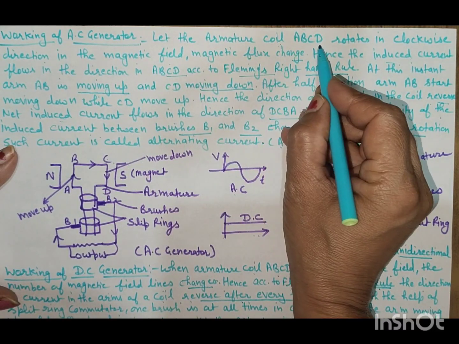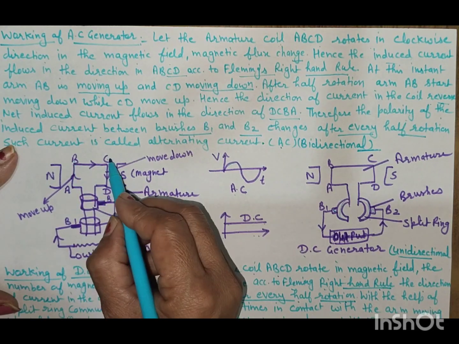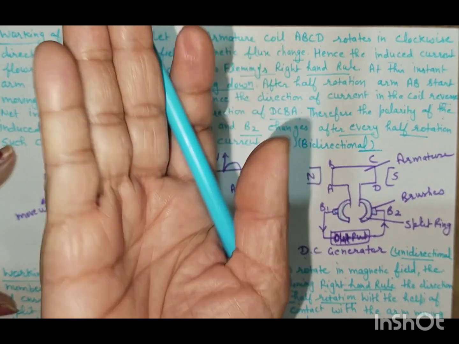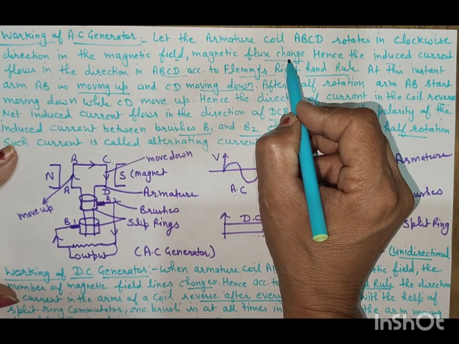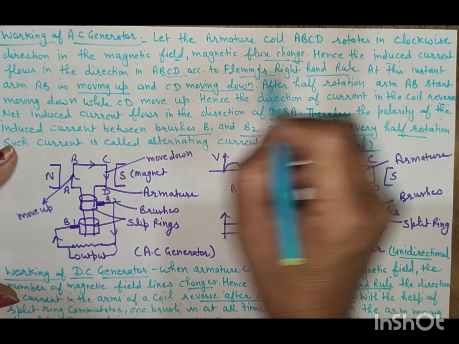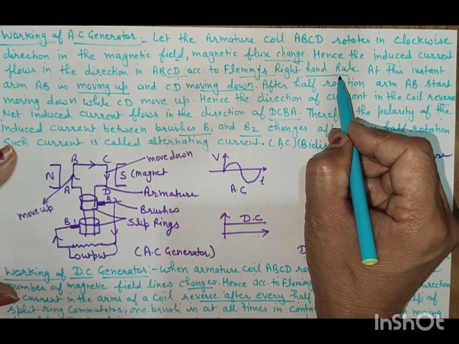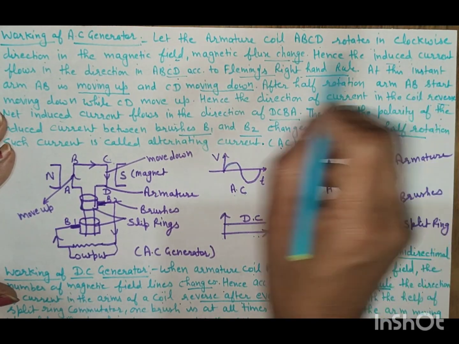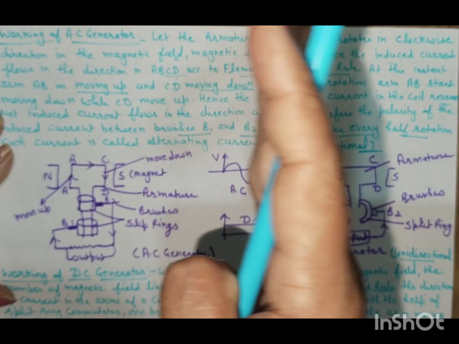Let the armature coil ABCD rotate in the clockwise direction in the magnetic field. The magnetic flux changes, hence the induced current flows in the direction ABCD according to Fleming's right hand rule. At this instant, arm AB moves up and CD moves down.